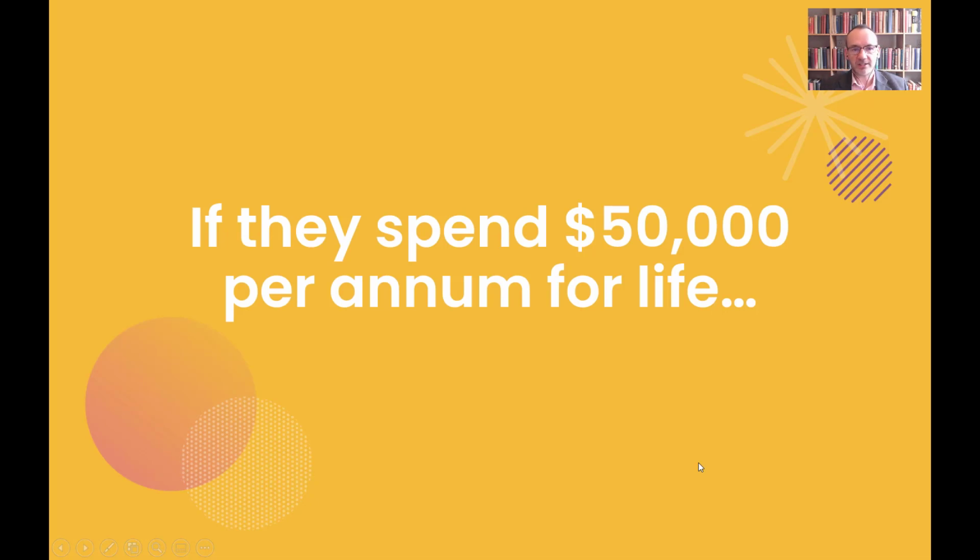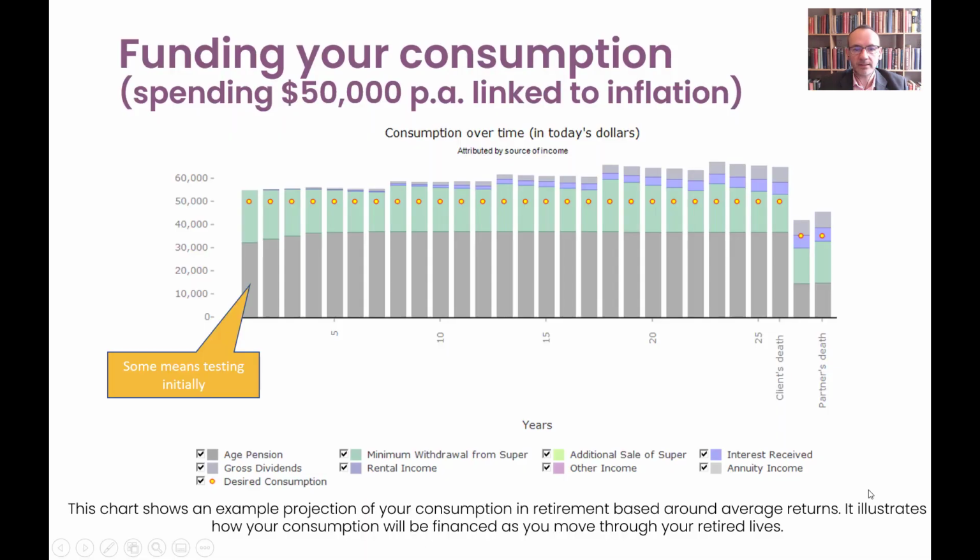Okay, now let's get into the detail. And we're going to do this assuming they only spend $50,000 per annum for life. We've been a tiny bit conservative by rounding that down. So this is the year-by-year cash flow chart. The horizontal axis is how many years they are into retirement. The vertical axis is dollars per annum, and the colours are also showing where their income comes from.